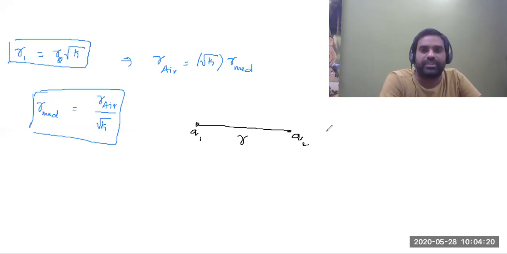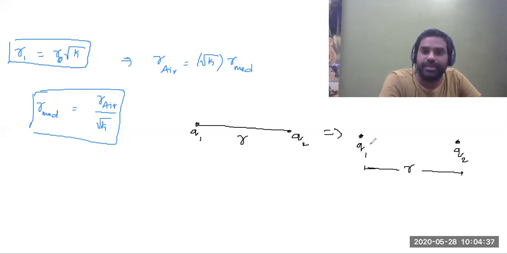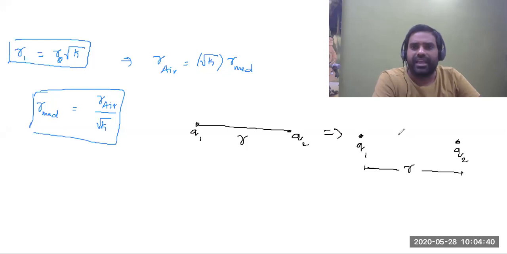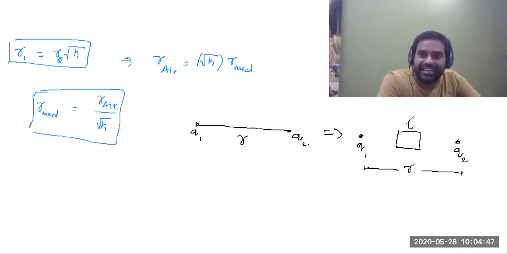Now here, the same two charges are separated by distance r only, but in between Q1 and Q2, somewhere one dielectric material is kept, means some other medium is introduced having thickness T and dielectric constant K, or relative permittivity K. Okay, students, one more additional medium is introduced.